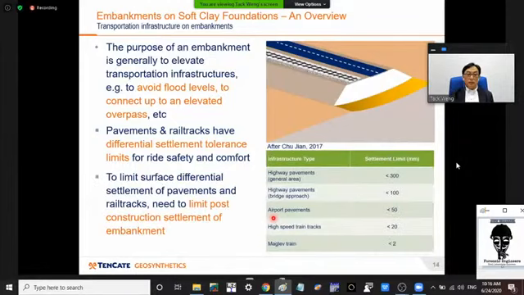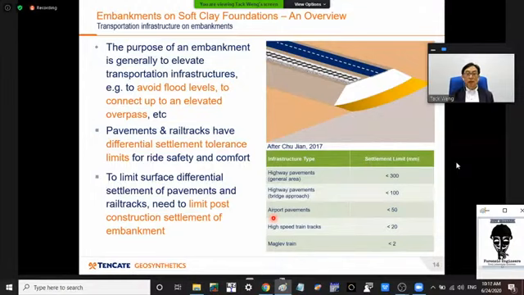And the design limits surface differential settlement of pavements and rail tracks. Of course, it is very difficult to design to differential settlements, and to do that, we limit post-construction settlement of embankments. If the post-construction settlement is small enough, then the differential settlement that can develop will be even lower.